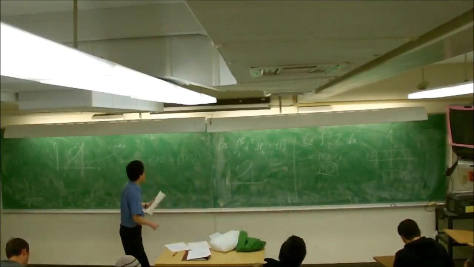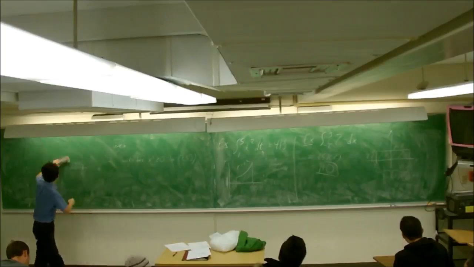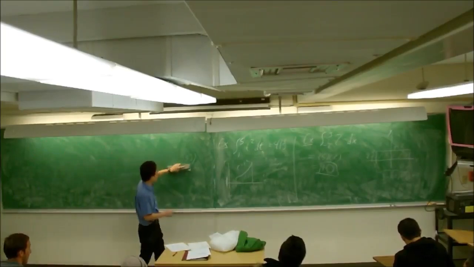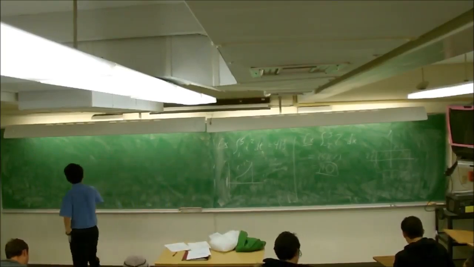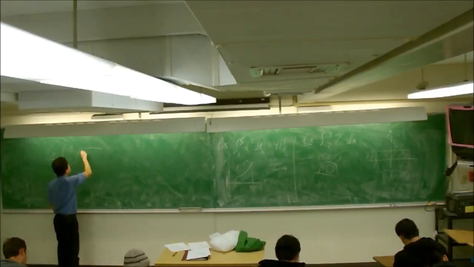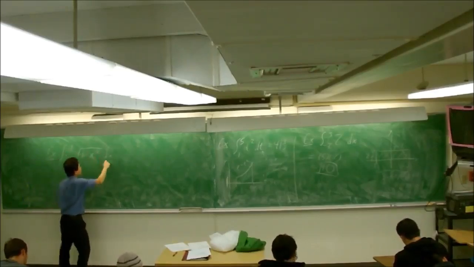There are some problems where the geometric interpretation is the way to go, even if you know a lot of calculus. Example: integral from -1 to 1 of root 1 minus x squared dx.